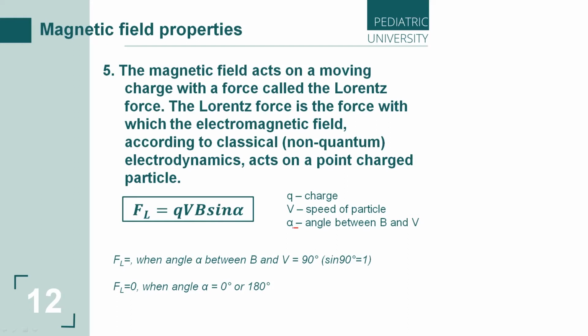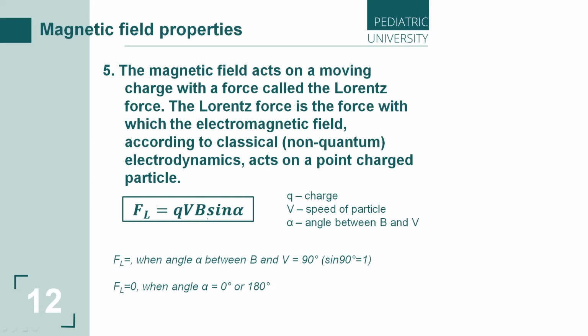Again, alpha is the angle between velocity and magnetic induction vector, not between current, as in the Ampere force, but between velocity of the particle and vector of magnetic induction B. And we can see that again the sine alpha, and again we can say that the Lorentz force will be maximum when the angle alpha between the magnetic induction vector and the direction of charge velocity is 90 degrees.